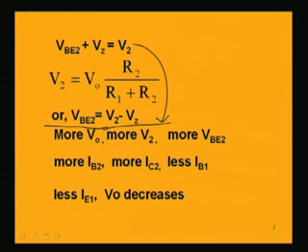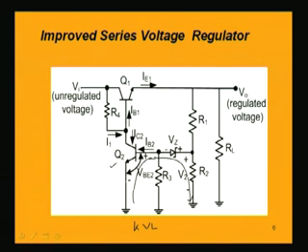So in the diagram, the base emitter voltage of the transistor Q2 is now high, more. So if the base emitter voltage is more, that means this transistor Q2 will be having a more base current IB2.